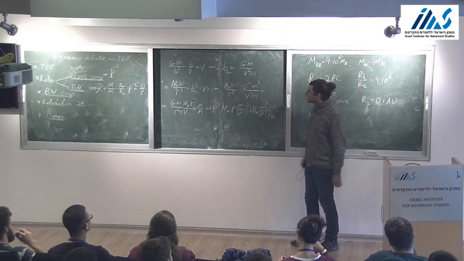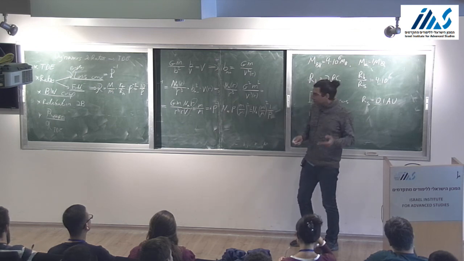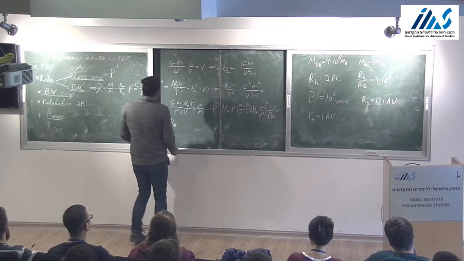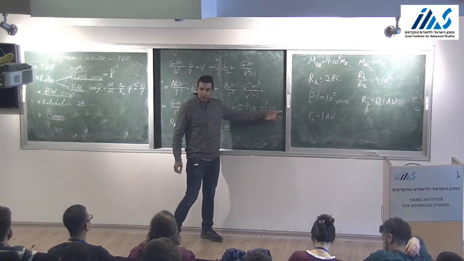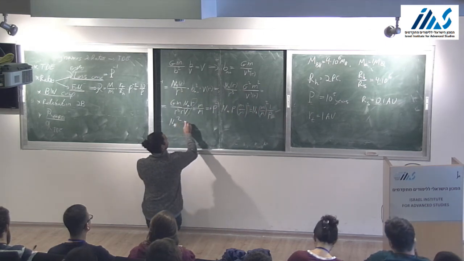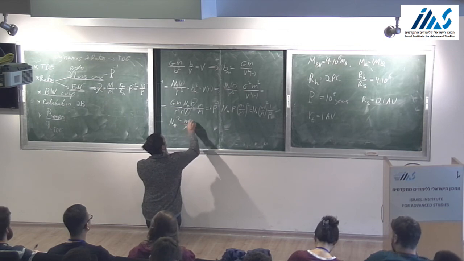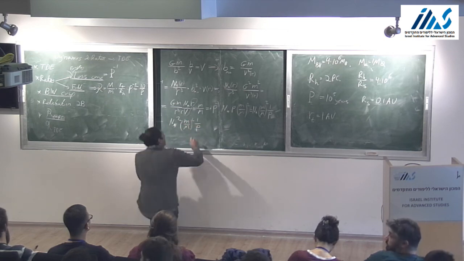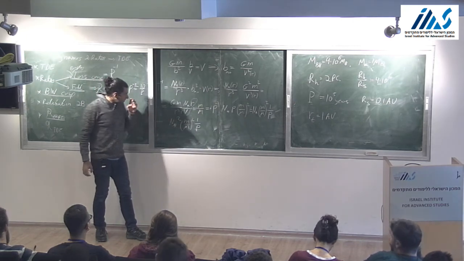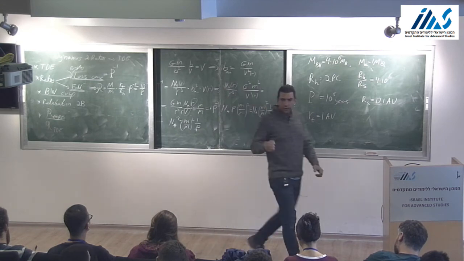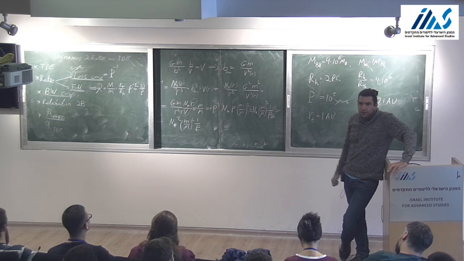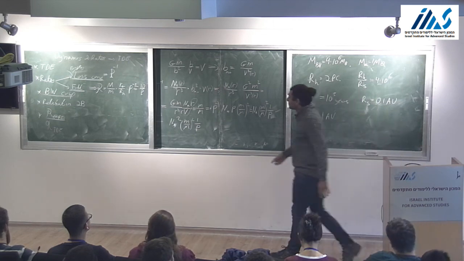So he said the following argument: you take the number of stars at a given r, we called it n star, you multiply it by this rate, or you divide by the time, so you get this as the flux of stars per unit time that diffuse out of this semi-major axis. And he said this is equal to constant.